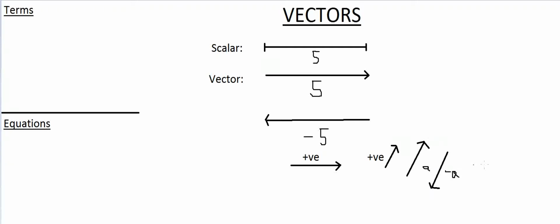Note that the magnitude of a vector is always positive, kind of like the absolute value. So you can define any direction you want to be the positive direction.